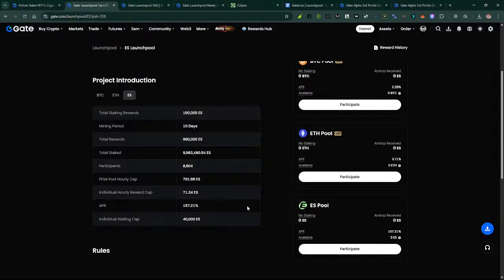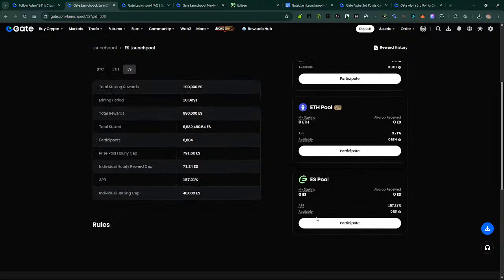The APR is higher here, but the rewards and the participant count are so high that the APR went down so badly. Before that, it was more than 1000%. The individual staking cap is 40,000 ES tokens.